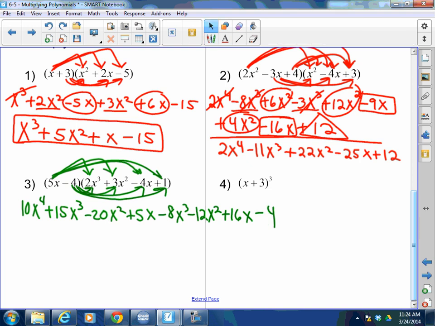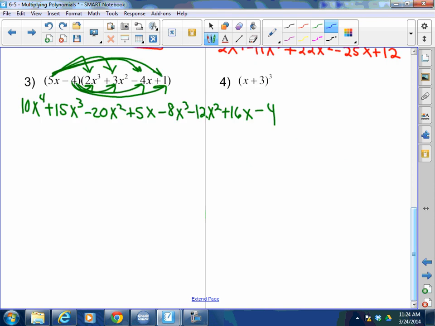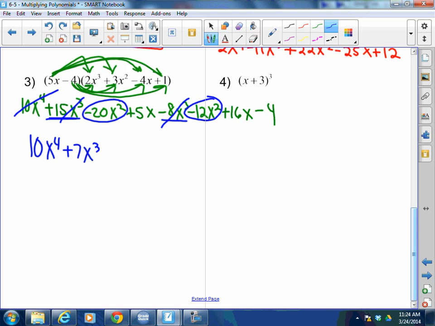Now add all the like terms. Okay, what would it be? 10x to the fourth, because there are no other like terms for that guy. Good. No, 15x cubed and negative 8x cubed is 7x cubed. Guys, we've got to look for like terms. I have a negative 20x squared and a negative 12x squared, which is a negative 32x squared.